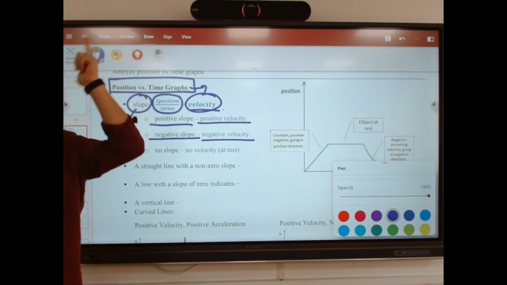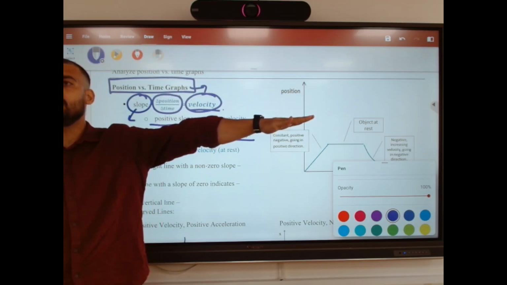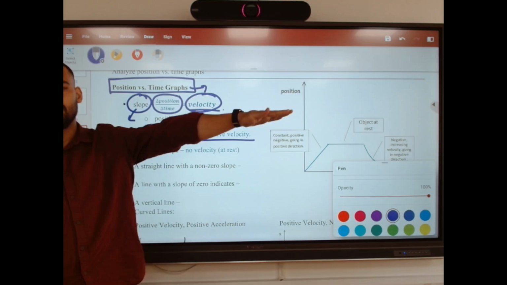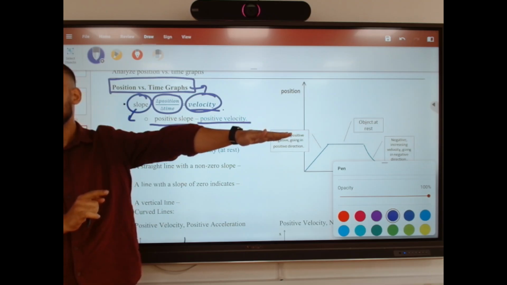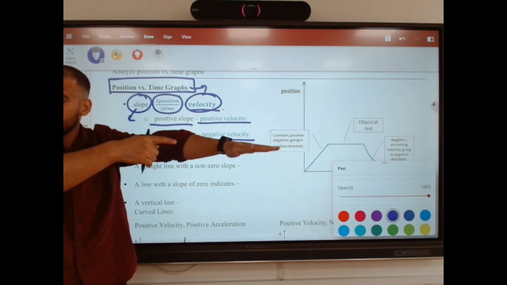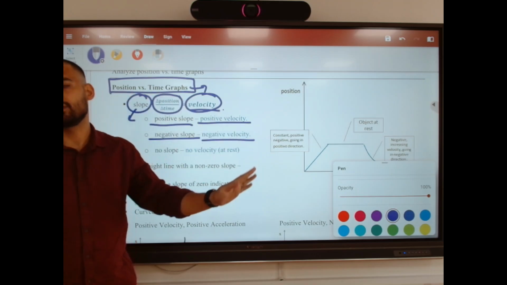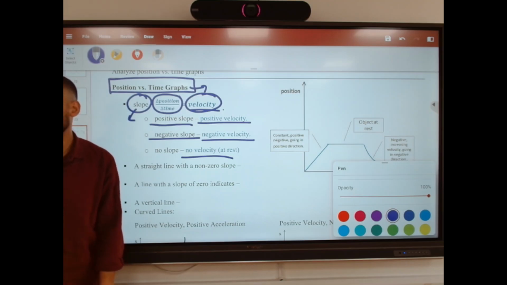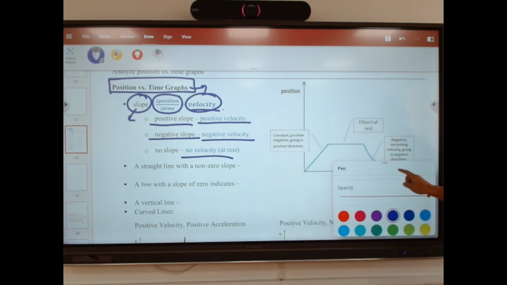And if there is no slope, as we discussed yesterday, if the line is horizontal, parallel to the base, then there is no velocity, isn't it? Because in a position time graph, there is no slope of this line, so there is no inclination. When there is no inclination, there is no velocity. That's it. That means the body is at rest. Is that clear? So look at this graph and try to understand what all is happening.